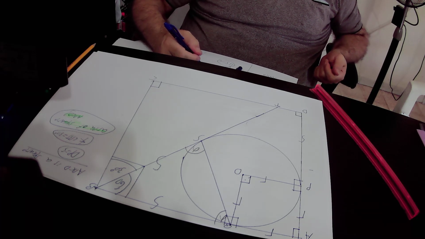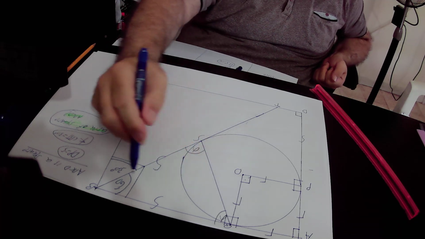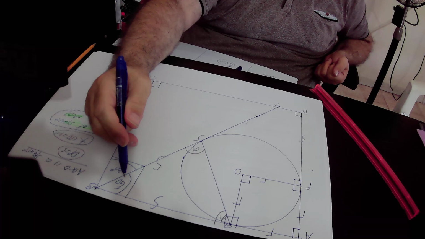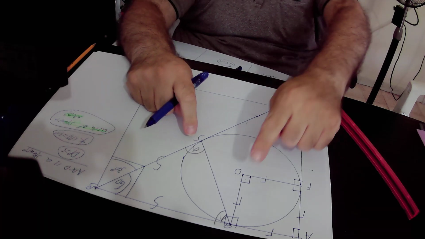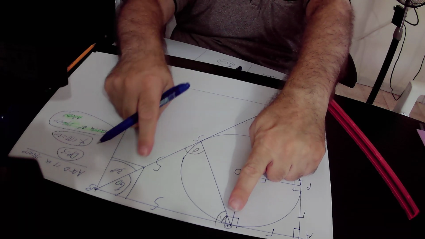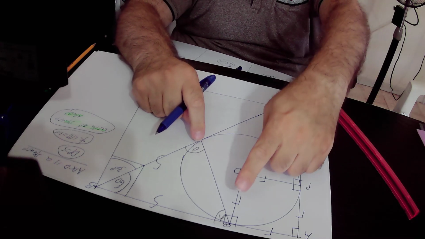So if we focus on triangle SBQ, this angle equals 60 degrees, and the sum of the angles in any triangle is 180 degrees. Therefore, the other two angles must add up to 180 degrees minus 60 degrees, which is 120 degrees.